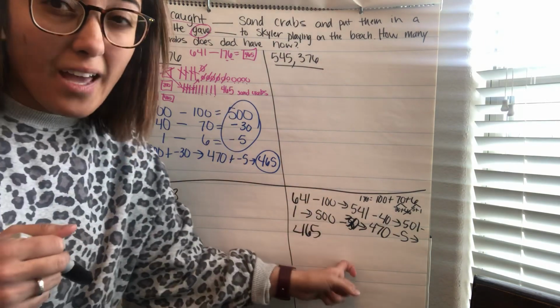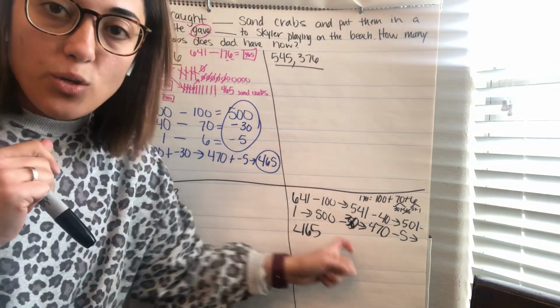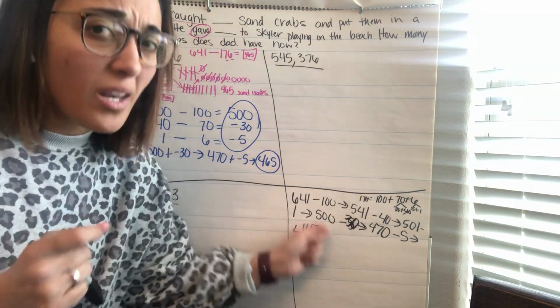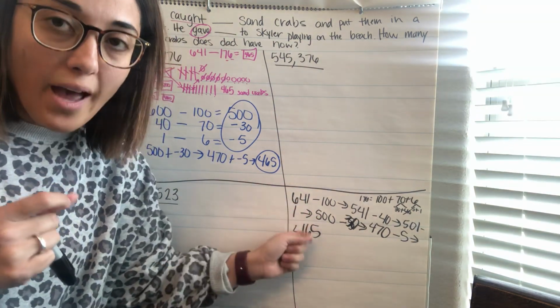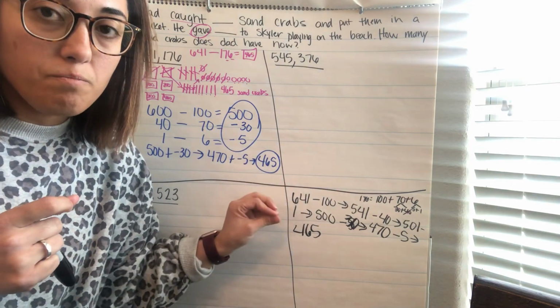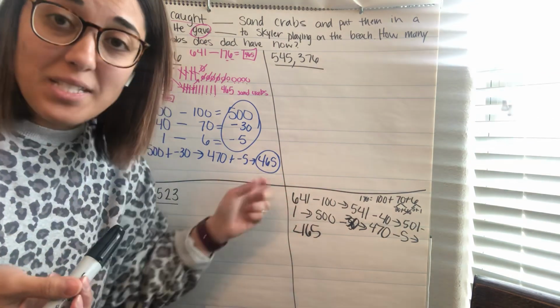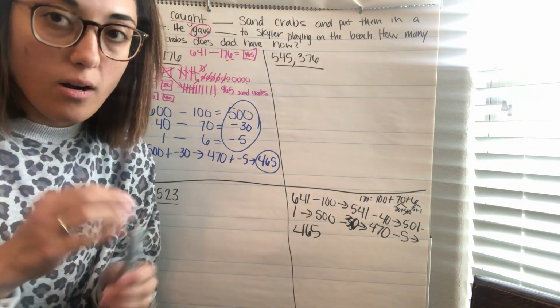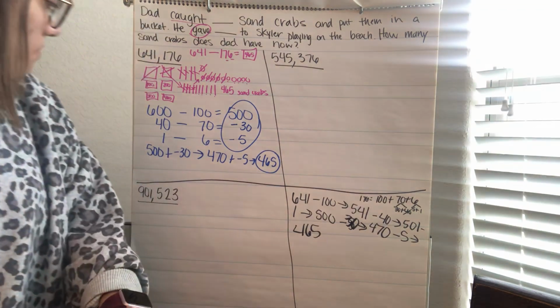So that is an advanced strategy that you may see some of your kiddos do. Let them do that if they're ready for this, or this is what their thinking was in their head. They can watch this video to see the ways to do it, but we're not going to push them if they're not ready or comfortable with that strategy.